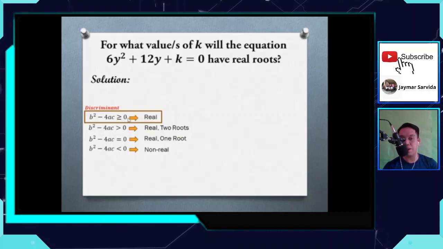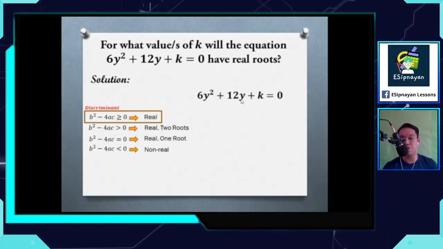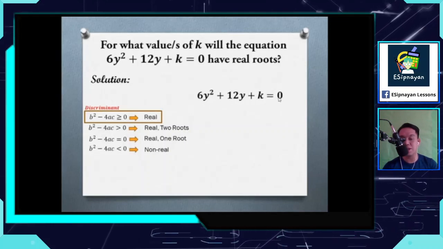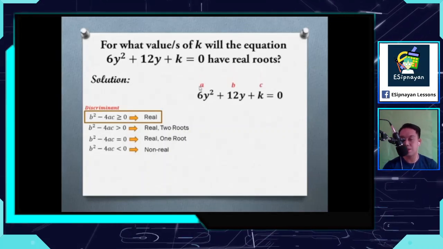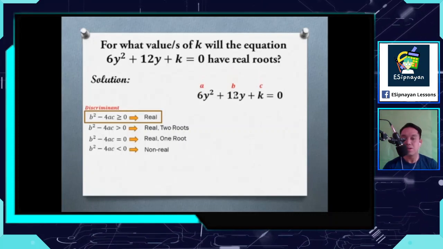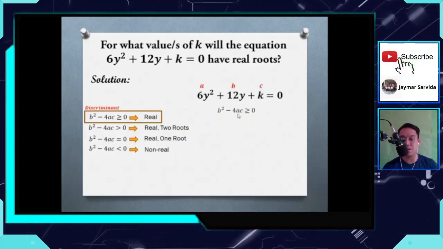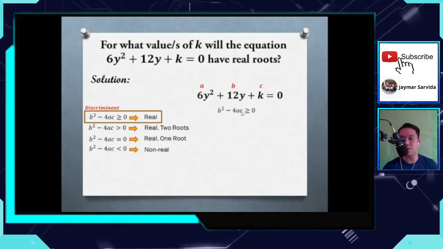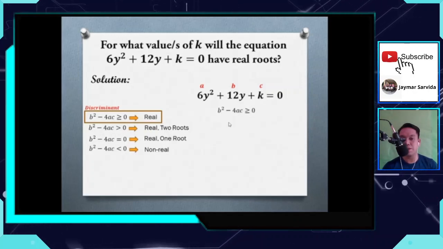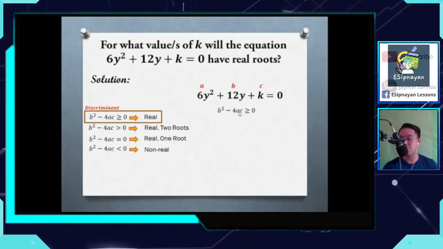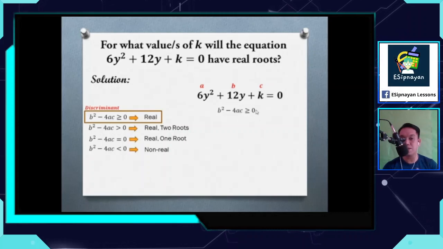So b squared minus 4ac is greater than or equal to 0. So the value of a is 6, b is 12, and c is k. So substitute it to b squared minus 4ac. The value must be greater than or equal to 0.